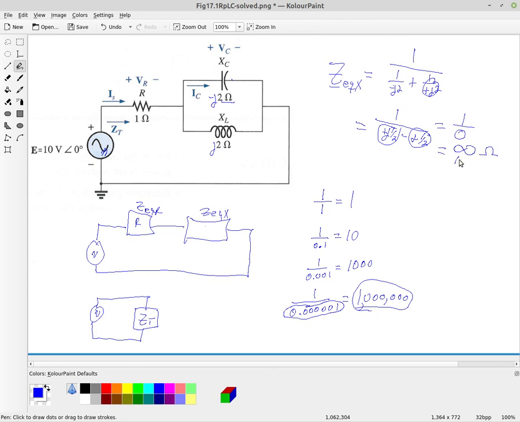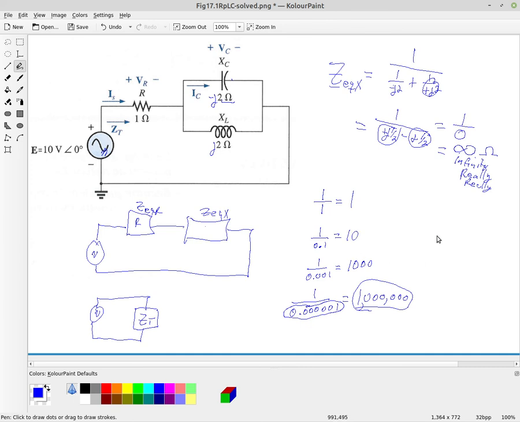So infinity here, I'll write it out for you. Infinity is just a really, really big value. And when you divide by a really big value, then you get 0.